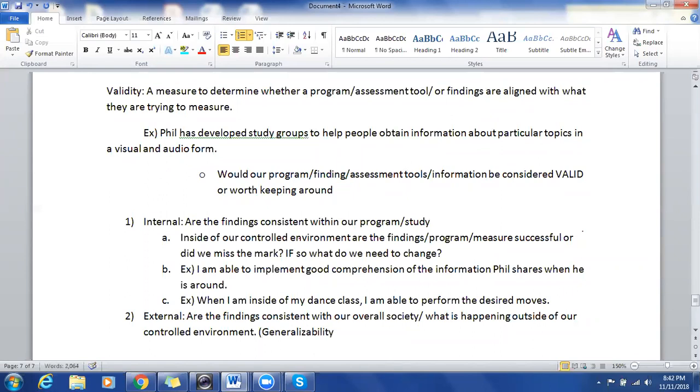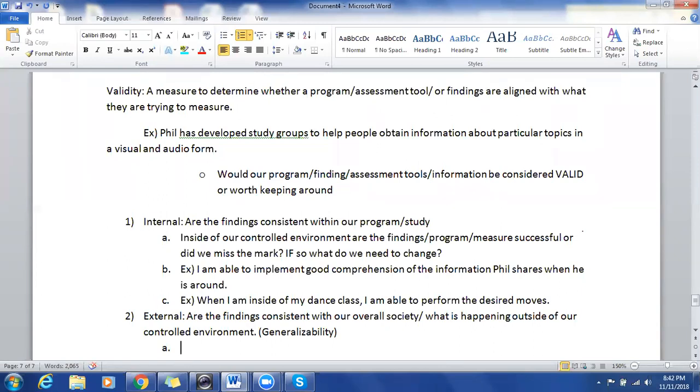Is what is happening within our study generalizable to the overall population? Therefore, if we go and teach the information that I did here in, let's say, a YouTube video, and you guys pick up the things more consistently, but inside here you guys are more proficient and get the information well, I don't have external validity, but I have internal all around.